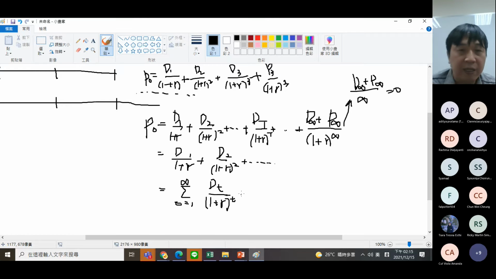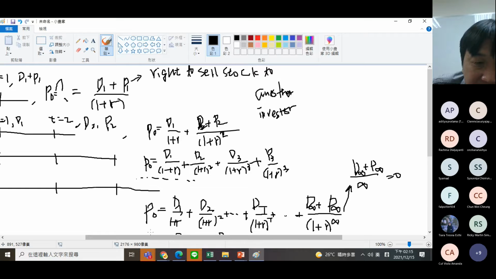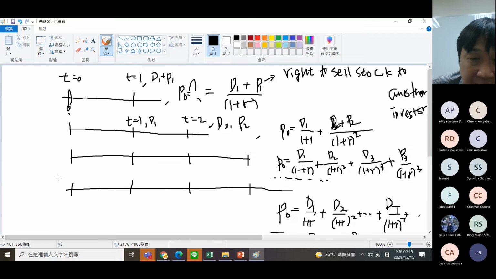So in different cases, we have a different terminal date. Any question?